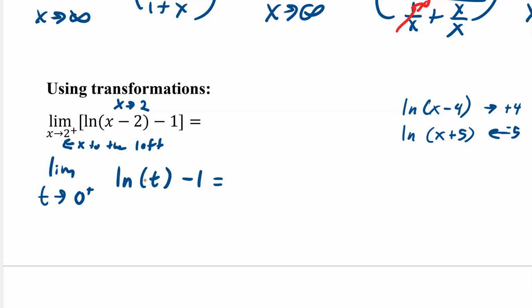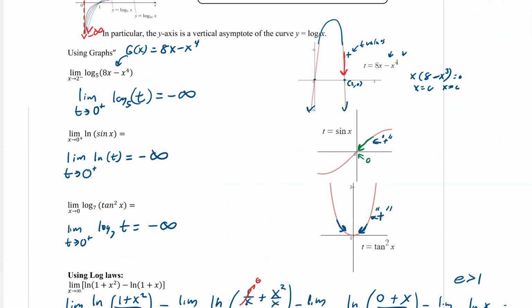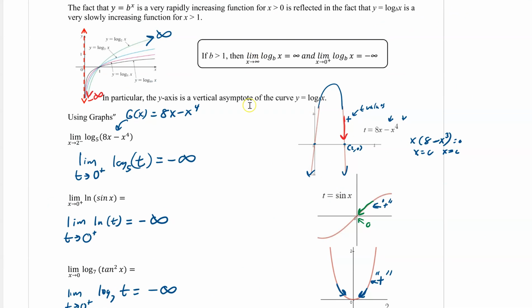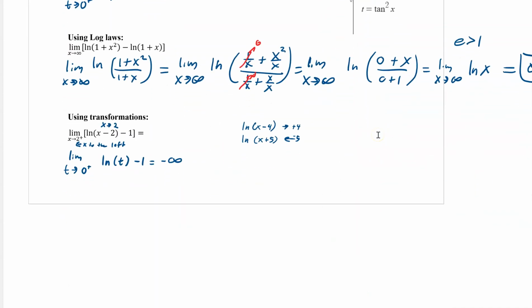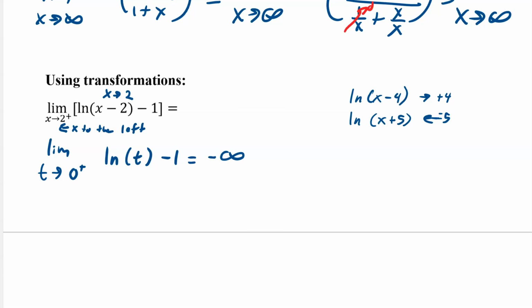And then that would just become negative infinity by our rule that we already know from up here. So as we approach 0 plus, natural log of, or log of our b, doesn't matter, is negative infinity. So this one becomes negative infinity. So if you just focus on that x, another way to do it is just shift that inside over and see what function we now have from it. You do have to change the letter though. So there we go.